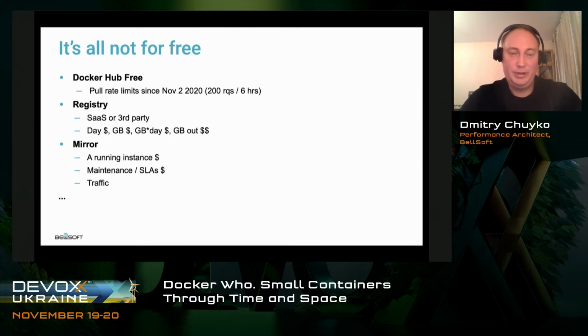Like, for example, you pay for cross-region traffic, or you may pay for storage. And storage will be not just how much you store, but also how long you store. And then if you maintain your own instance, of course, it costs you the time of your maintainers. It won't be free. Someone has to do the actual work.